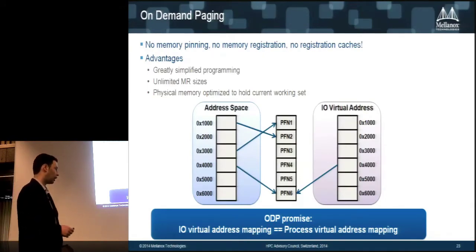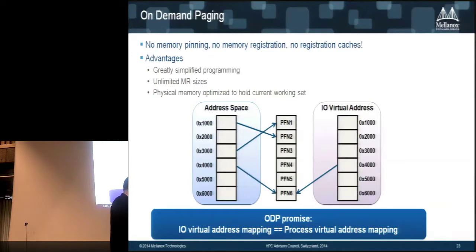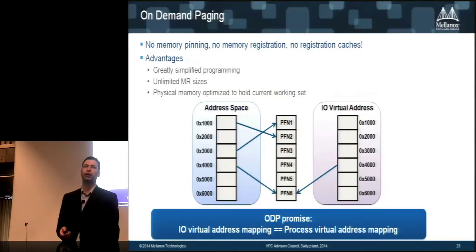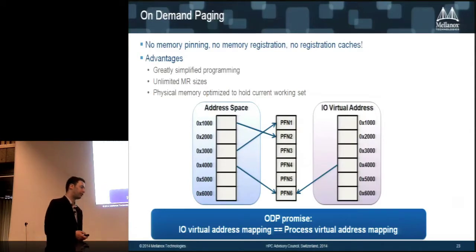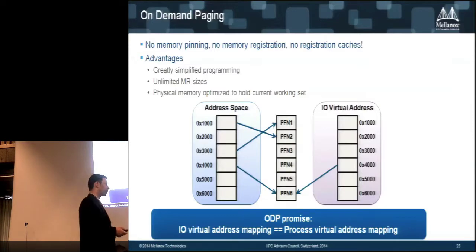Another thing, there's a big pain point around the need to pin memory for communication, especially when you deal with RDMA technologies. For communication, currently with the existing APIs and implementation, you have to pin down the memory.